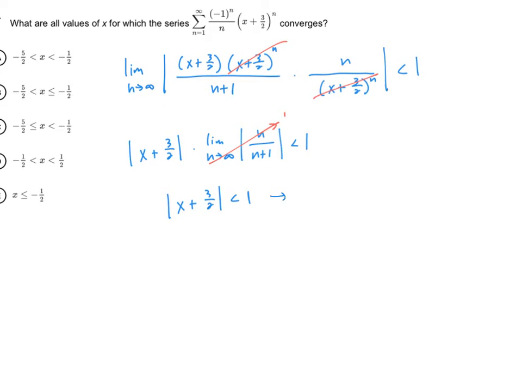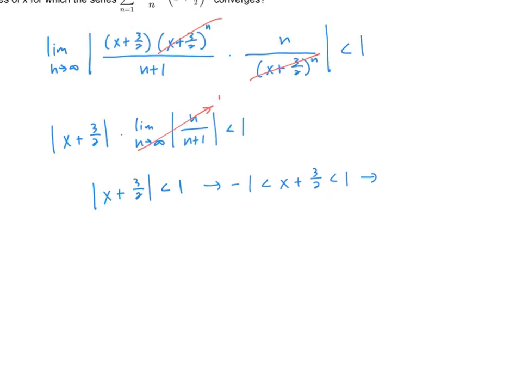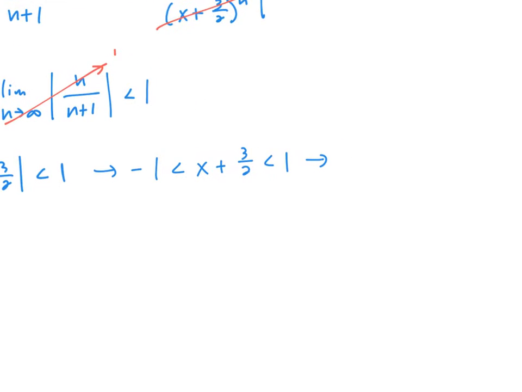Then we'll do that -1 to 1 thing, and then subtract 3 over 2 from everything.